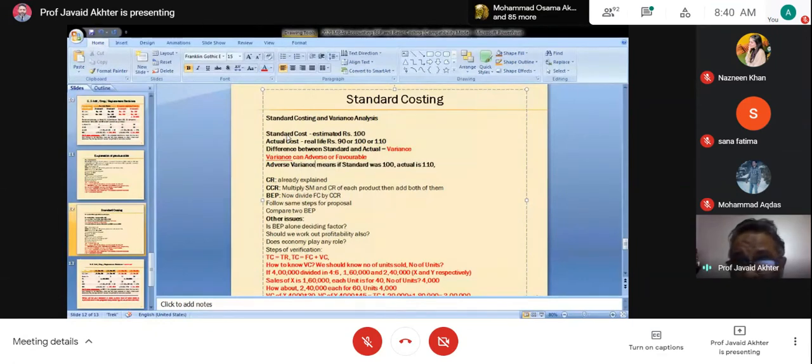Now, if there is a favorable variance, in accounting language is it to be debited or credited? Or have you forgotten those two words in about 1.5 months' time?